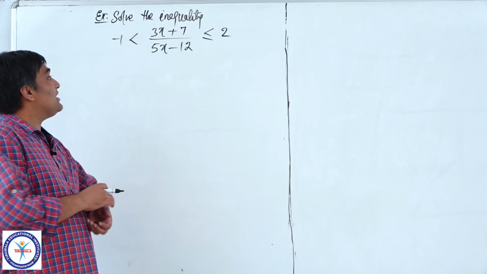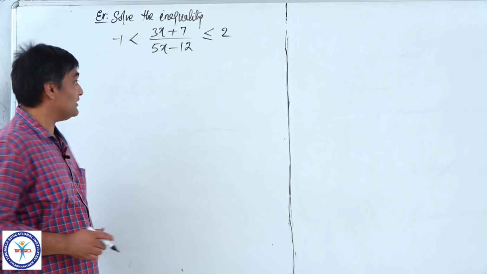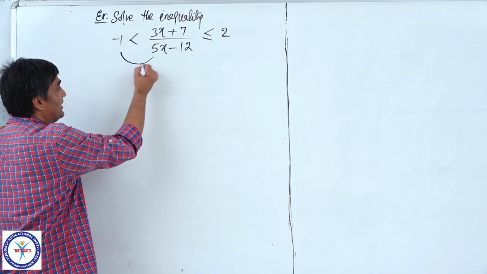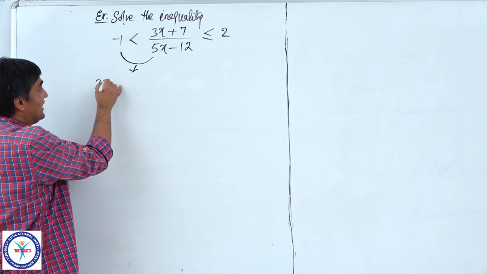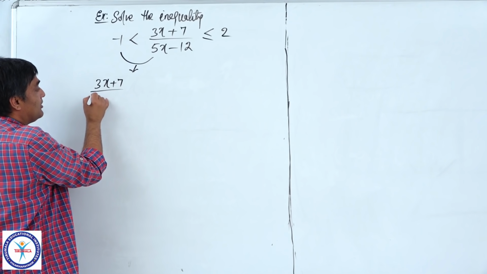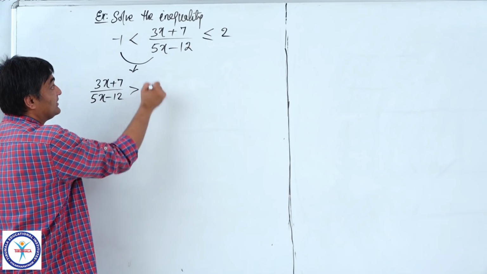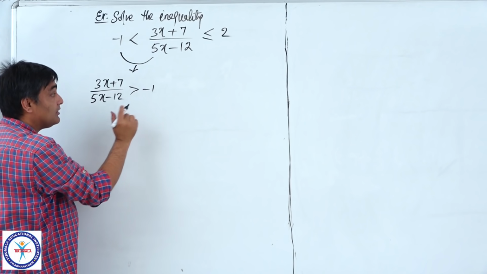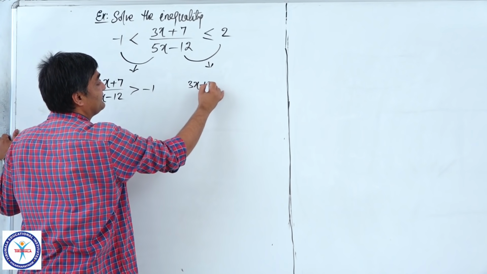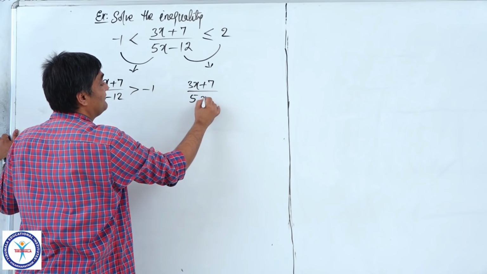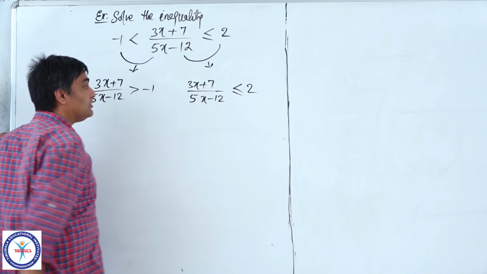So, in these type of questions, we have to solve two inequalities. One from here, understand carefully, 3x plus 7 by 5x minus 12 greater than minus 1, isn't it? And from here, 3x plus 7 by 5x minus 12 less than or equal to 2.